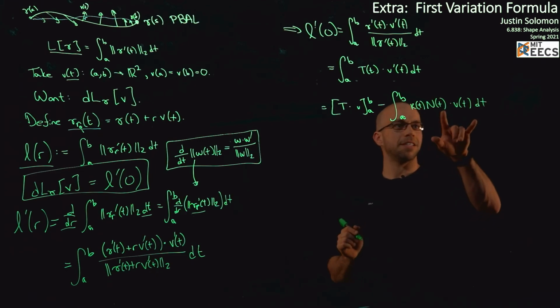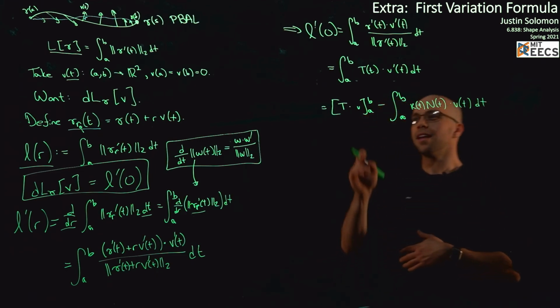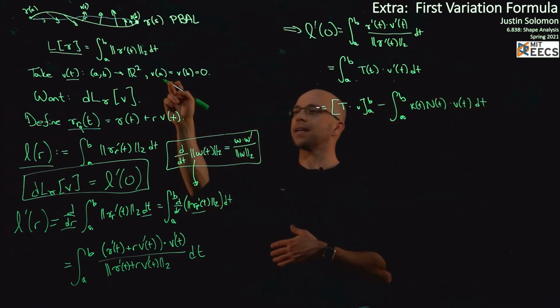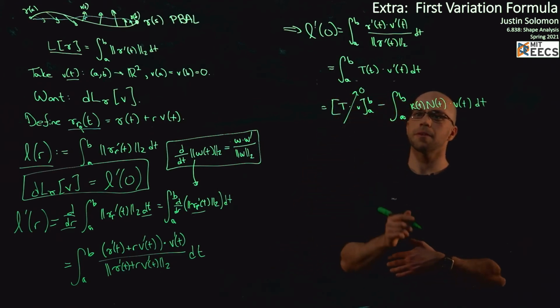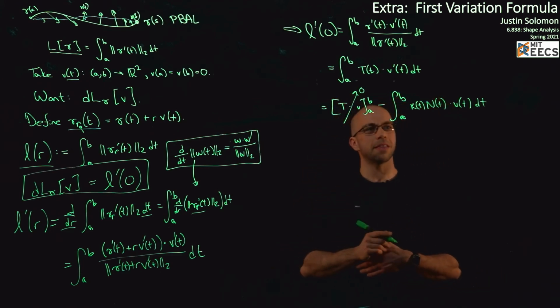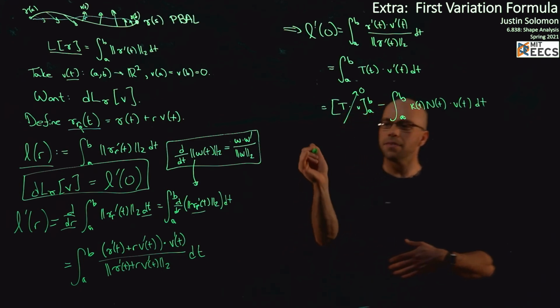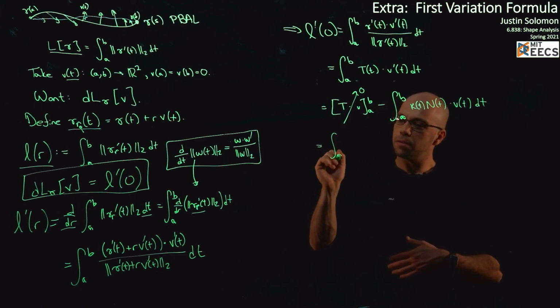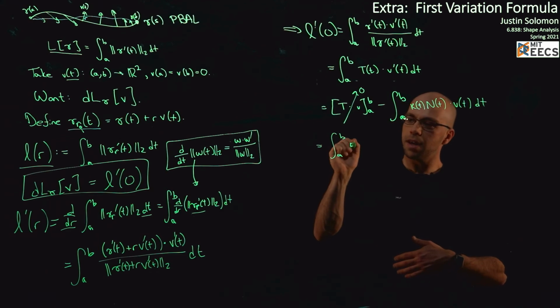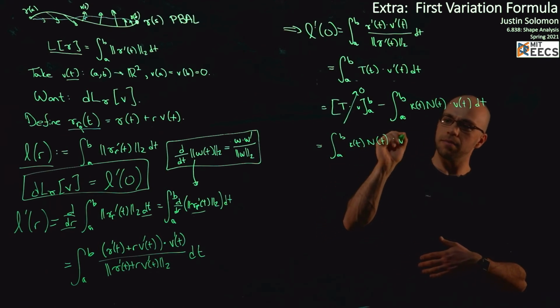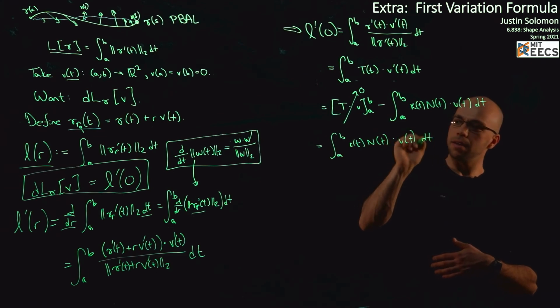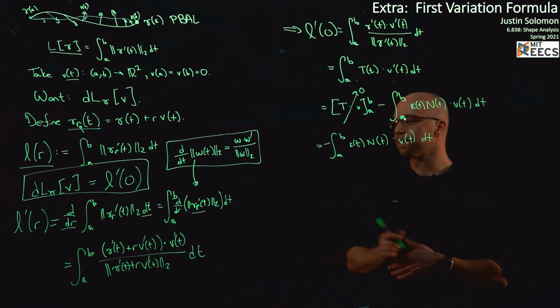At this point, the t I could probably write as an s. Now remember that we made an assumption all the way back here that v of a and v of b are 0. So what are we left with? Well, we're left with the integral from a to b of kappa of t N of t dot v of t dt, with a minus sign.